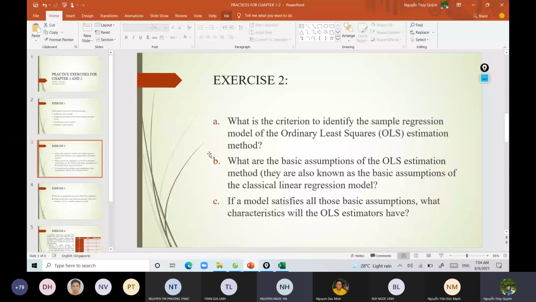The theory will help you to identify the population regression model, and the form of the sample regression model will be the same as the form of the population regression model.